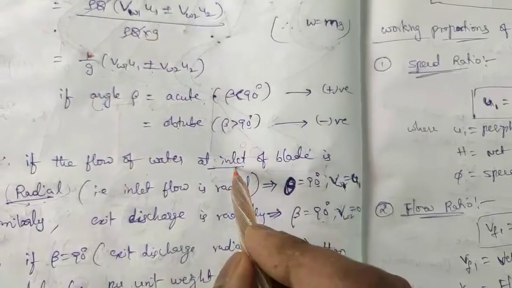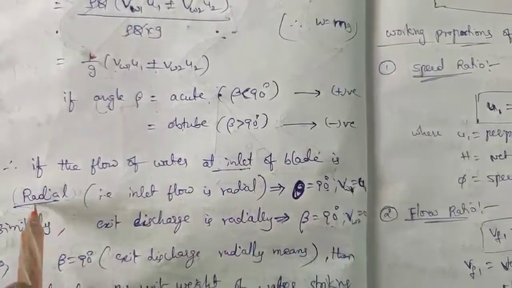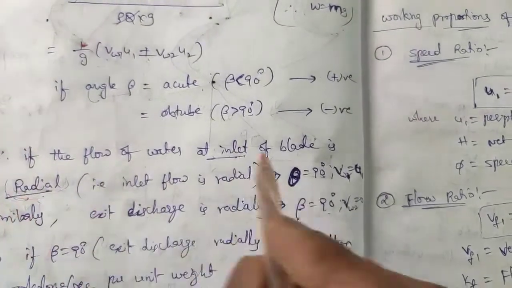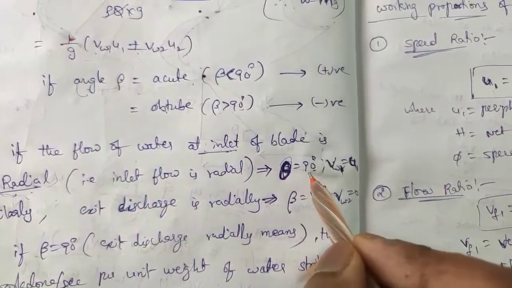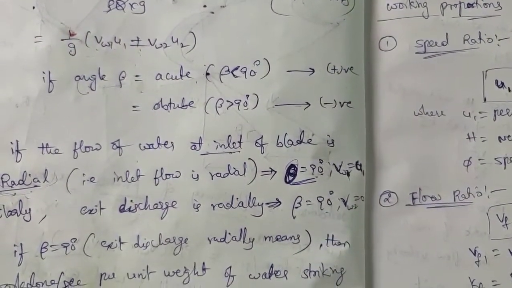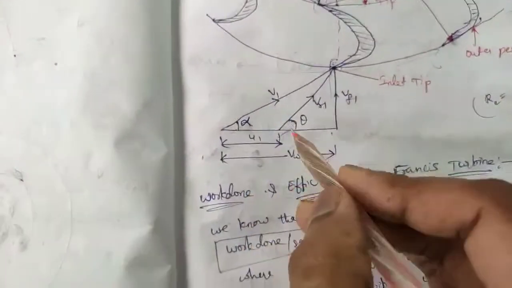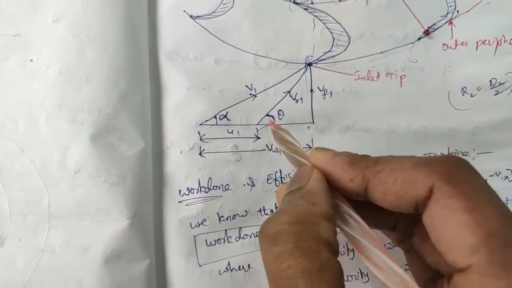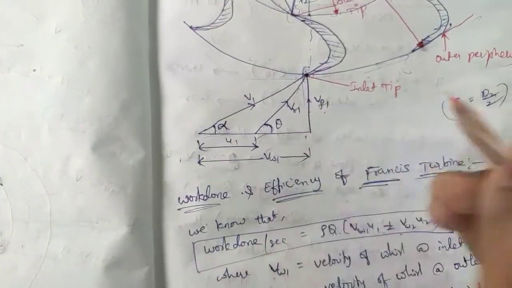Here at inlet, the flow of water at inlet is radial, so we take the inlet angle, that is theta, equal to 90 degrees. That means if theta equals 90 degrees, this VR1 overlaps with VF1.